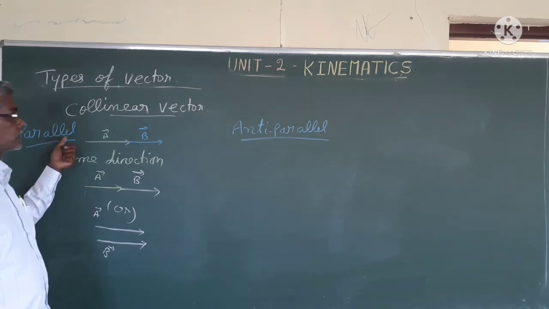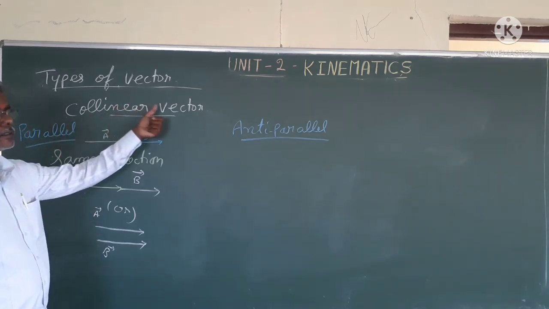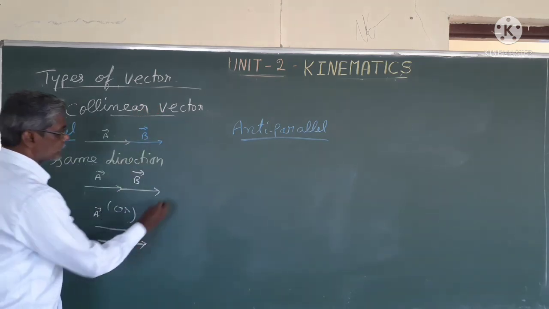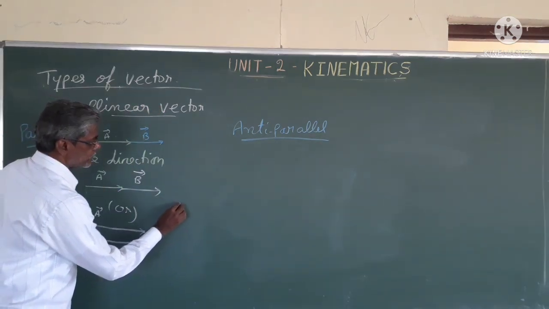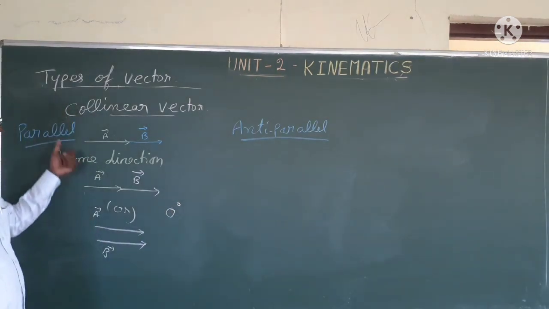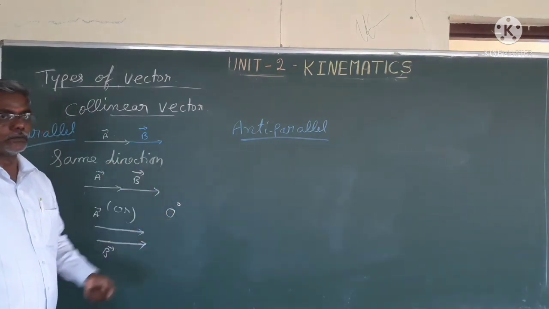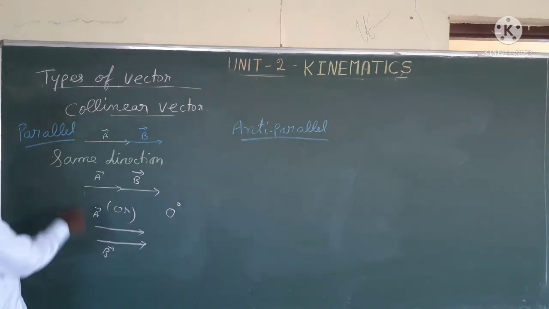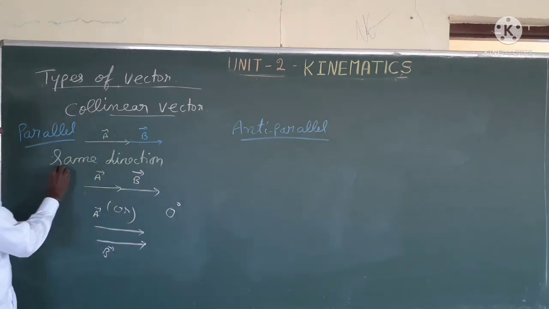Then I can call it parallel collinear vectors. For this, the angle is 0 degree. For parallel, the angle is 0. So understood? But the two vectors must be in the same direction.